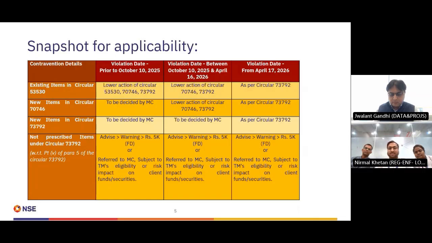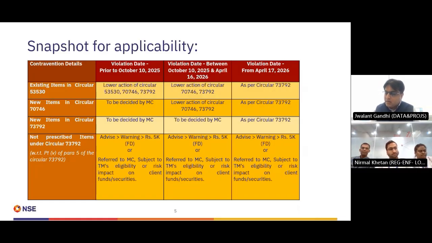So for those, irrespective of the violation date, it will be followed in the manner of advice, warning and 5,000 financial disincentive, or it may be referred to the MC subject to the condition of TM's eligibility and risk impact on the client funds and securities. Okay. Definitely, we hope that members found this helpful because through this you will be able to gauge through the violation date where it will be applicable with the treatment.